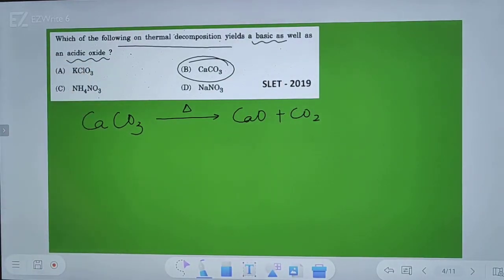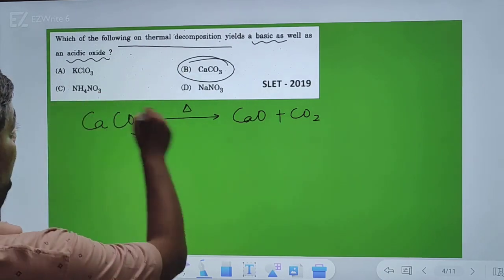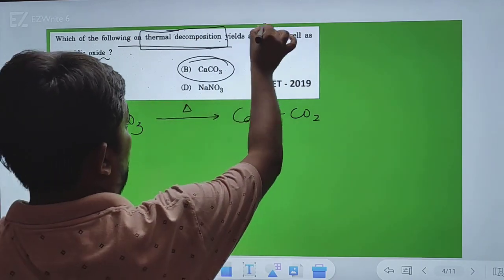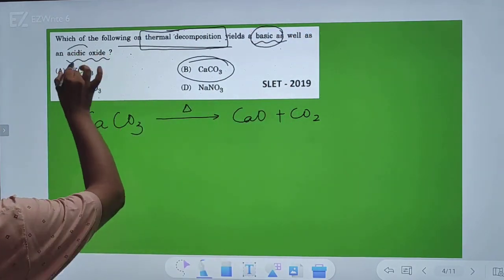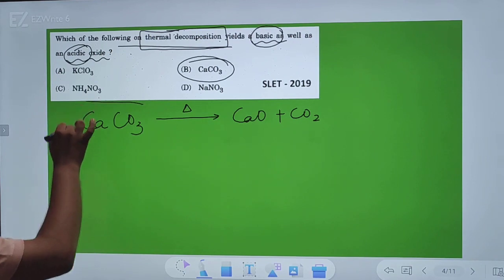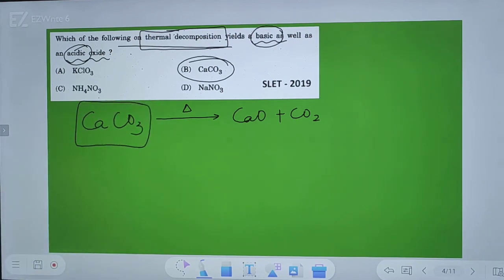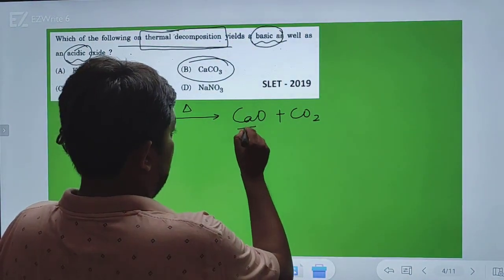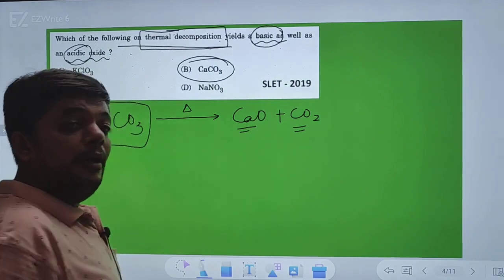The question has been asked: which of the following on thermal decomposition, just by heating it, gives one basic and one acidic oxide. So this is my general compound, calcium carbonate. When I heat it, I am doing nothing other than thermally decomposing it. It will give me two products, calcium oxide and carbon dioxide.